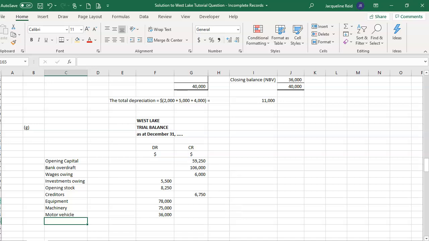The debtor was $6,500, and as you know, that is an asset. Then expense prepaid was $7,200.